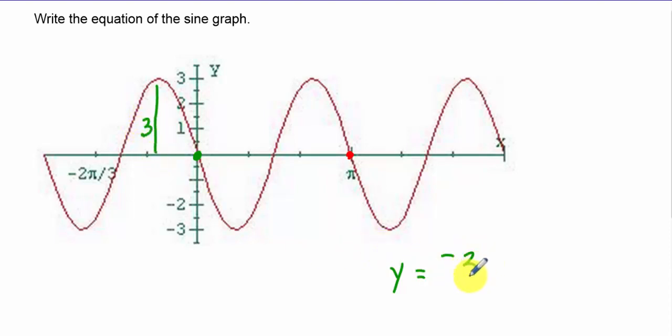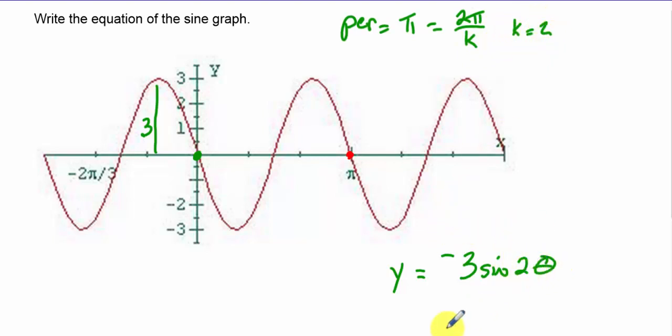So I'm going to say -3 sine. And then I notice my period's changed. My period for sine is now pi. So my period is pi, which equals 2 pi over k. Therefore, k has to equal 2. And I'm done.